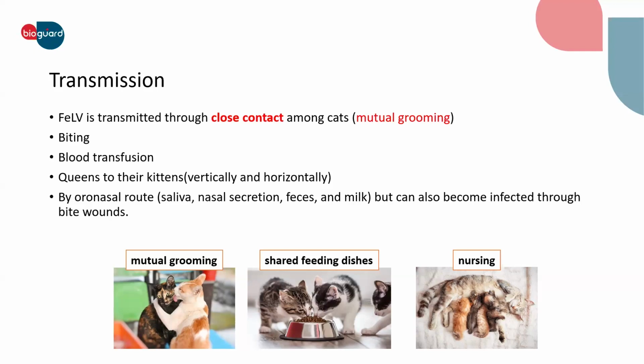Vertical transmission from queens to their kittens also occurs, through the placenta or during nursing. And it's mainly through the oral-nasal route that it gets into the new host.